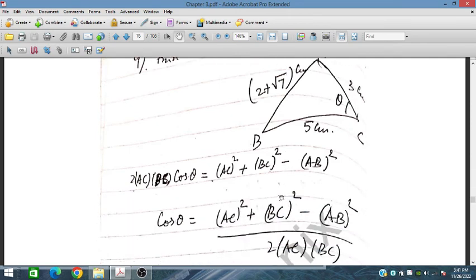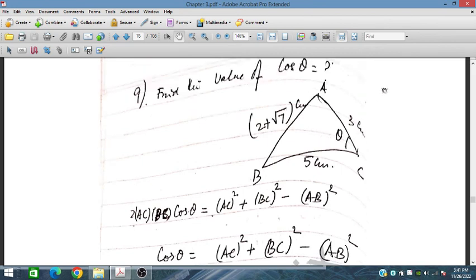So cos theta is found by cosine law. Cosine law can be applied on non right angle triangles. So this is a simple triangle where cosine law is applicable. 2 AC into BC cos theta is equal to AC square plus BC square minus AB square. The opposite side is always subtracted.